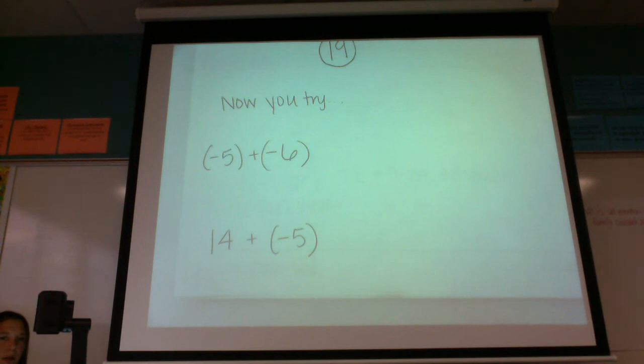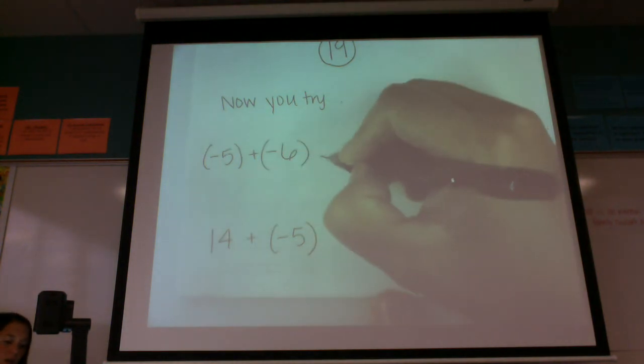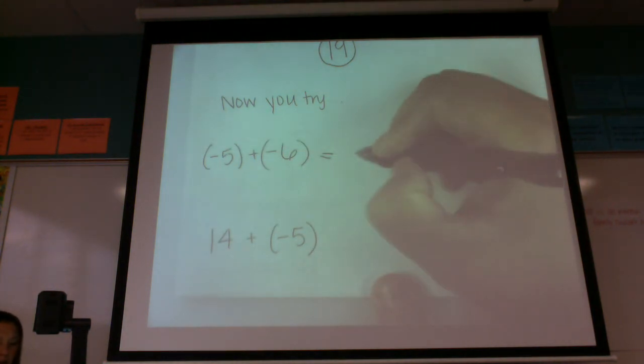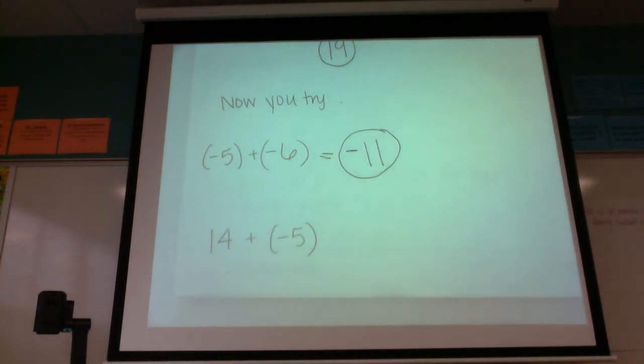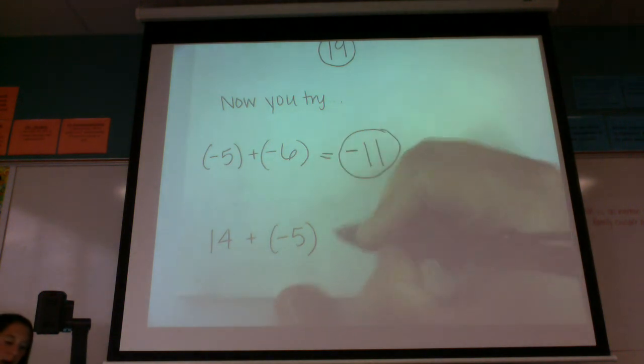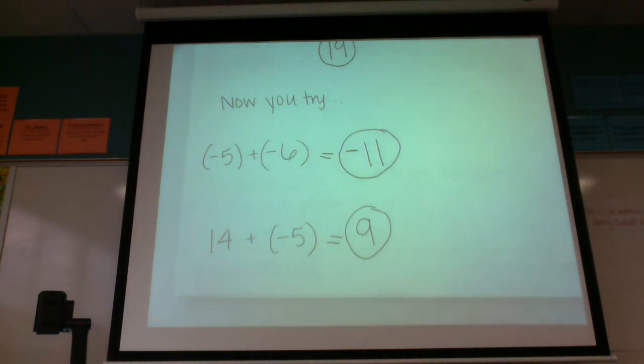Negative 5 plus negative 6. 2 negatives, adding them together, still going to be a negative, and it's going to be negative 11. Hopefully you got that one. 14 plus negative 5. Positive plus a negative. We're going to go to war here. That positive number is going to win the battle. And I'm going to be left with a positive 9.